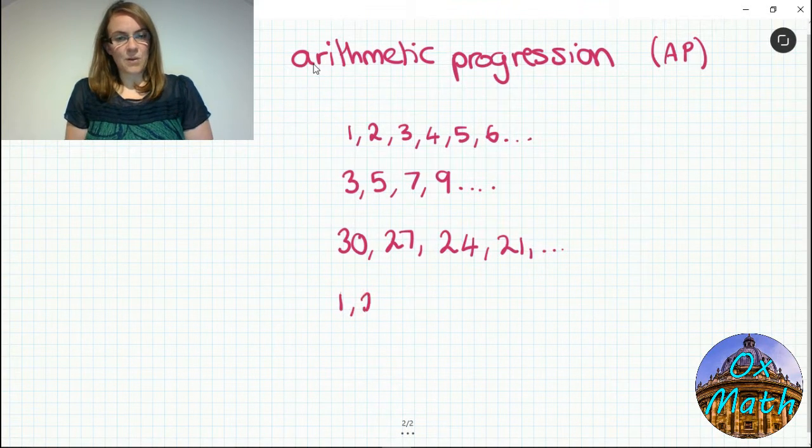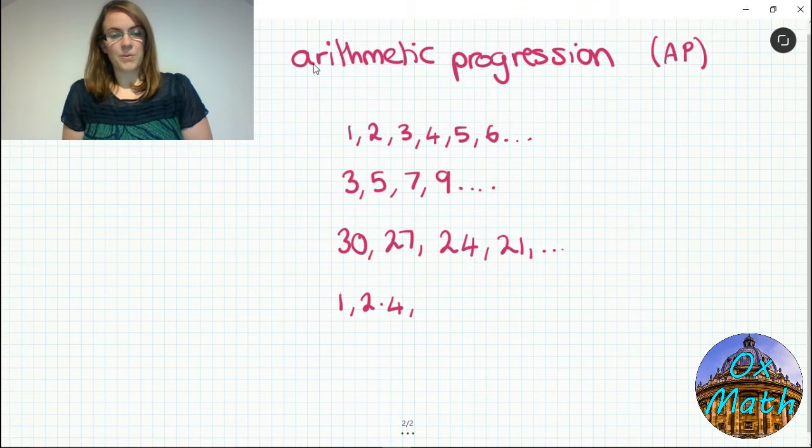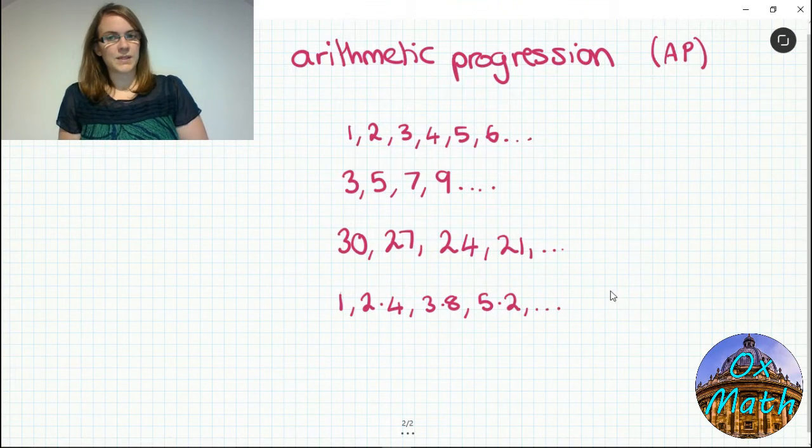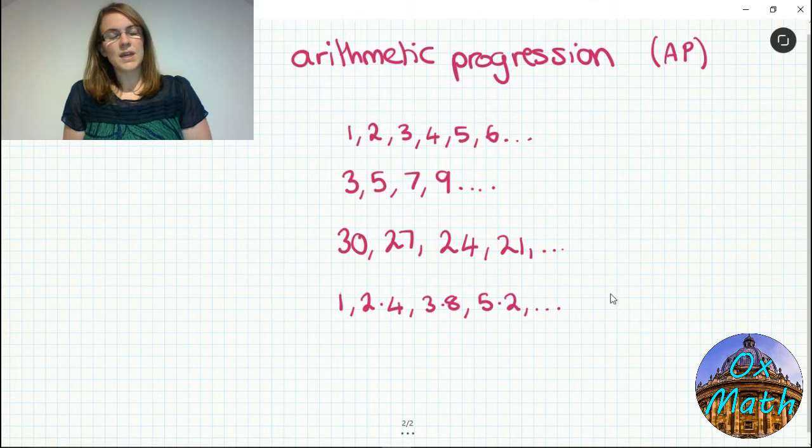It doesn't even have to go up in whole numbers. The difference doesn't have to be a whole number each time. So we could be going up in 1.4s, for example, 5.2, and so on. So an arithmetic progression or an arithmetic sequence is simply a sequence of numbers in which the difference between each term is constant. So we're adding a constant on each time.